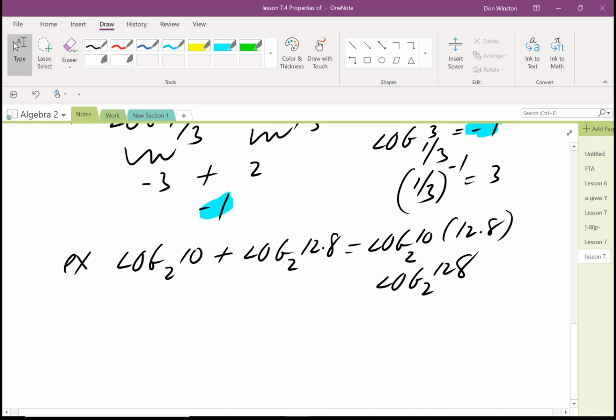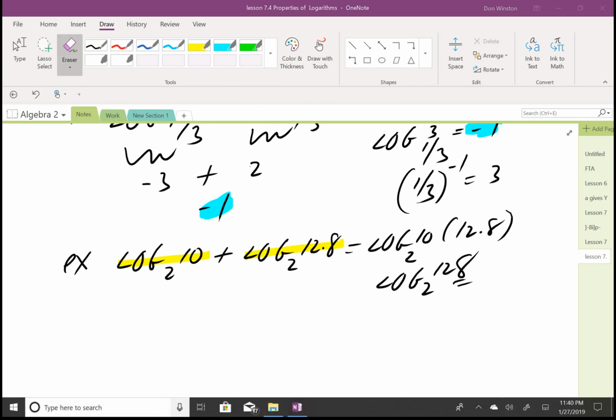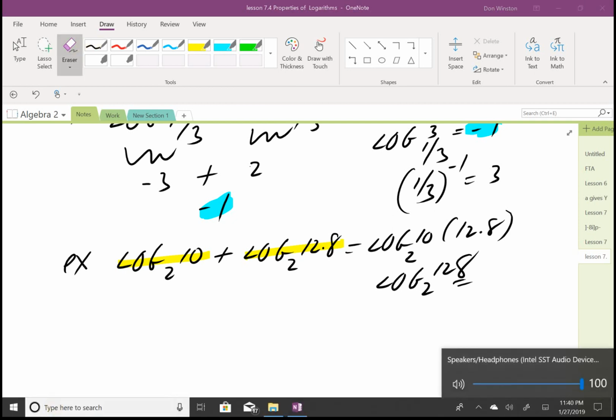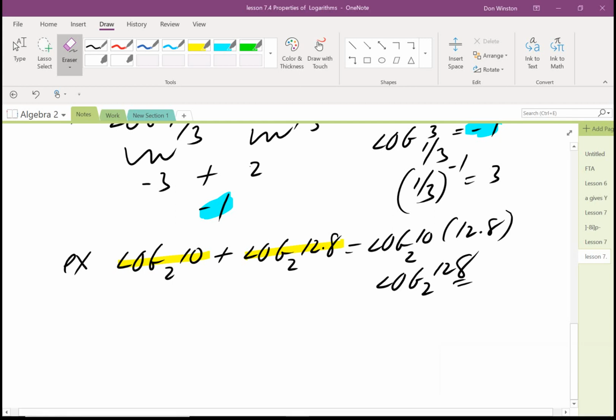Now, there's no way I know what log base 2 of 12.8 is, and I don't even know what log base 2 of 10 is. But I will be able to figure out what log base 2 of 128 is. All I have to do is with my calculator, take 2 and raise it, well, let's see, to the 6 is going to be 64, so that tells me that would be 7, 2 raised to 7. So this will equal 7.